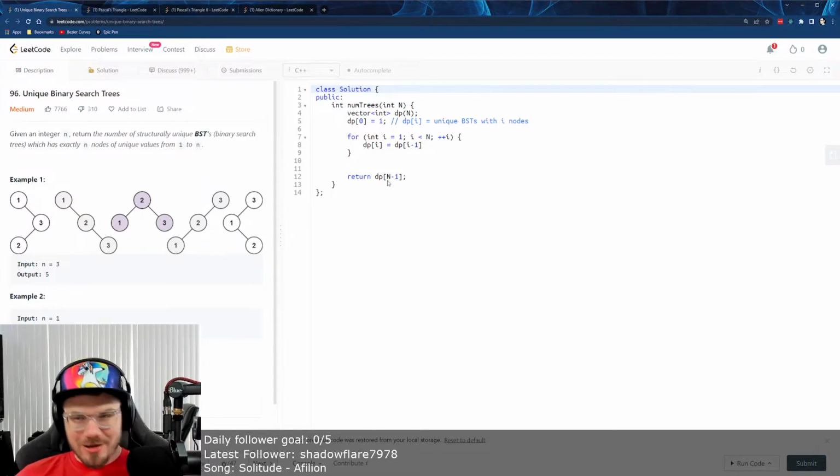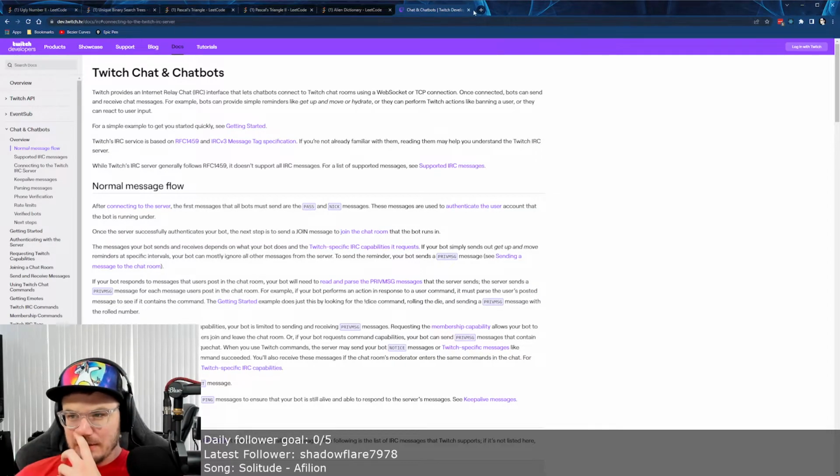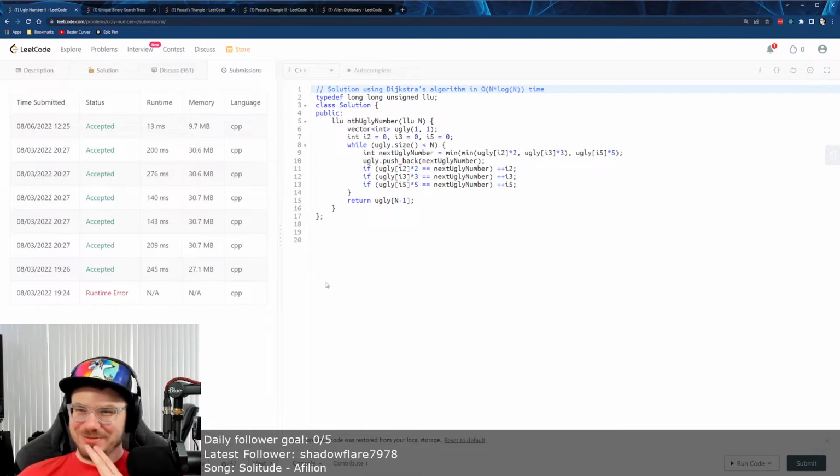Oh, yeah. For this one? Dynamic programming versus intelligent loop. I guess this is dynamic programming, but dynamic programming doesn't usually use multiple pointers, right? That's where I feel like this deviates from what you would generally consider dynamic programming.